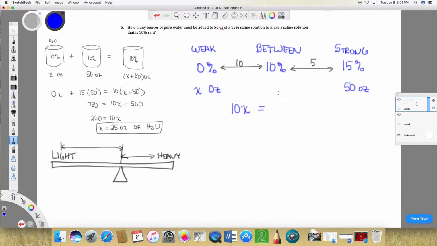And we're going to take this volume and multiply it by 5. So we have that 10x is equal to 250, which gives us the same answer that we had before, that the number of ounces of our pure water, of our weak solution, that we need is 25 ounces of good old high quality H2O.